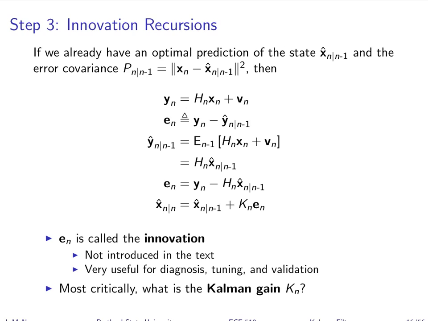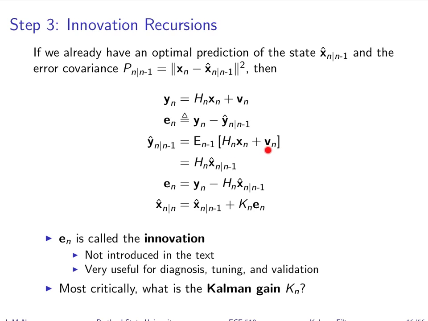The innovation is defined as the difference between your actual measurement and the predicted measurement. The predicted measurement is defined here: it's the expected value of y of n given all your measurements up to time n minus 1. Given our measurement model, y of n is equal to that, so we're just taking the expected value of these two terms.